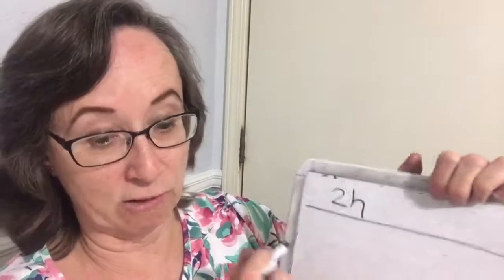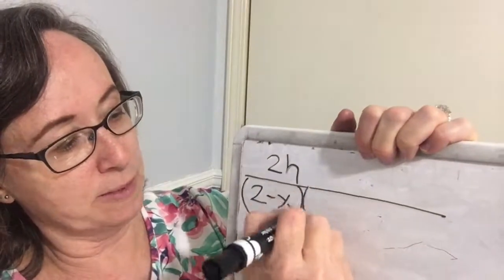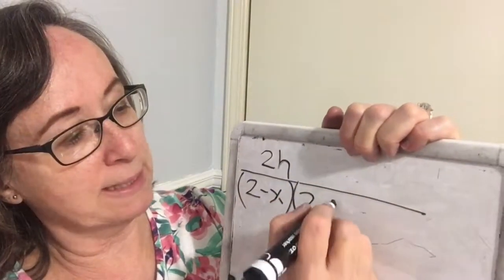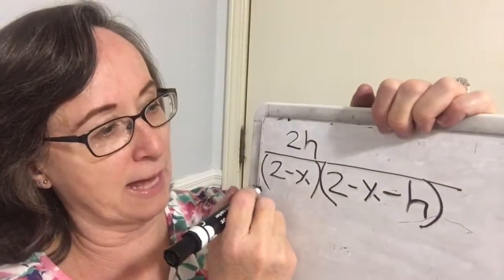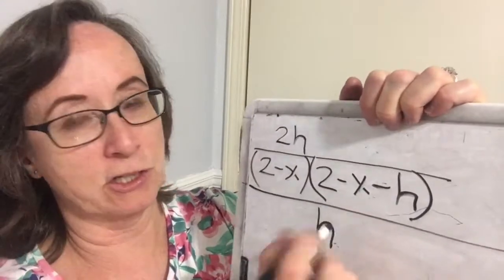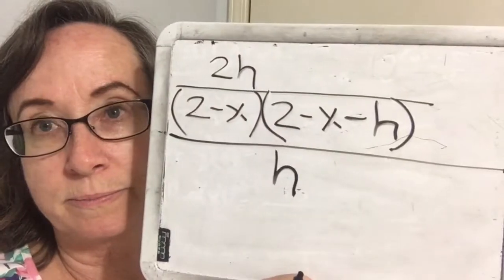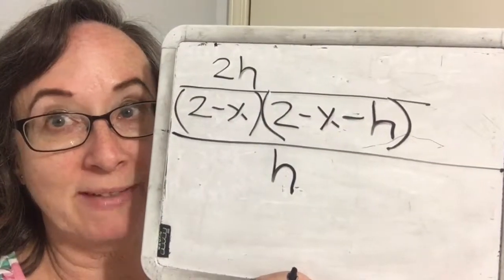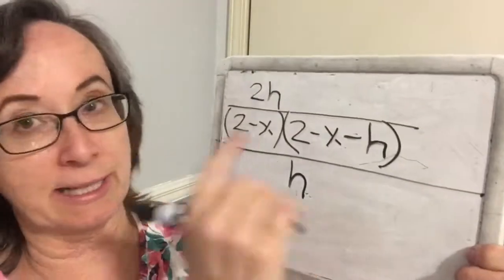So now what we have is 2h divided by that long denominator, 2 minus x, times 2 minus x minus h. Now, all of that is divided by h, because remember at the bottom of the difference quotient, we have an h on the bottom. And we performed all the steps except we have not canceled that h.